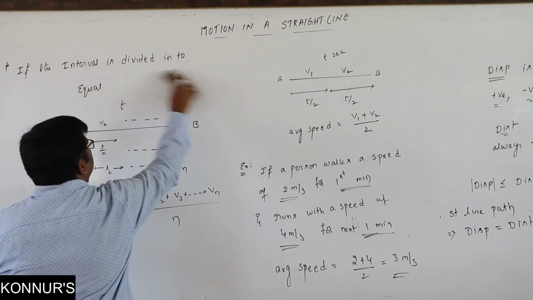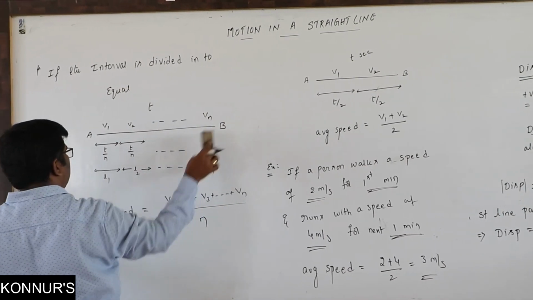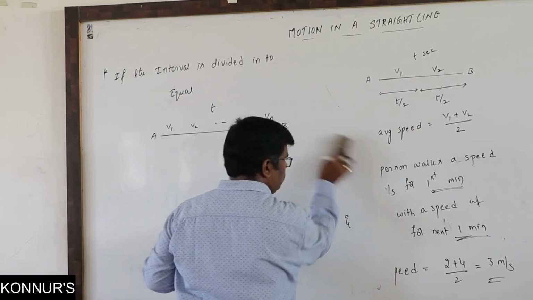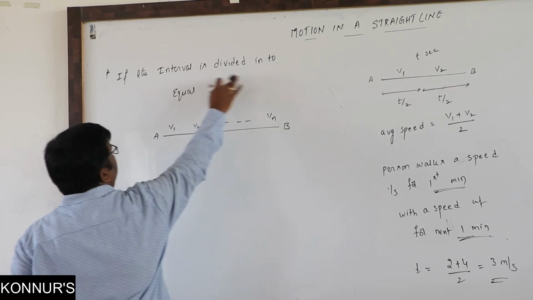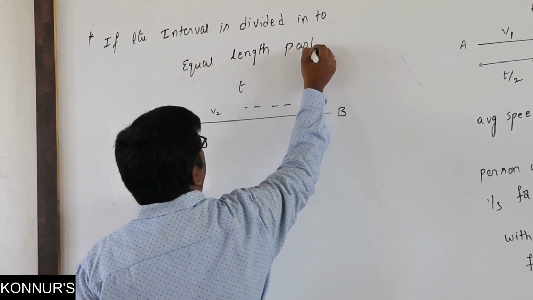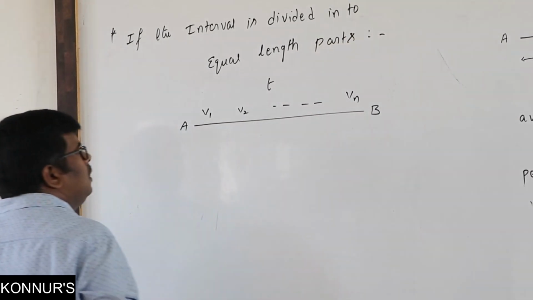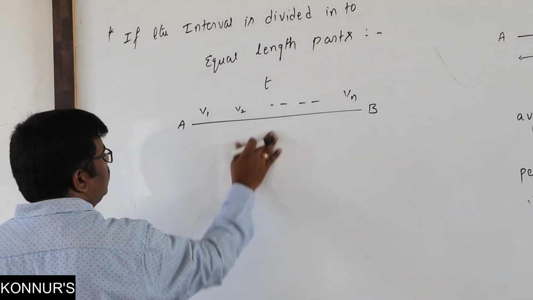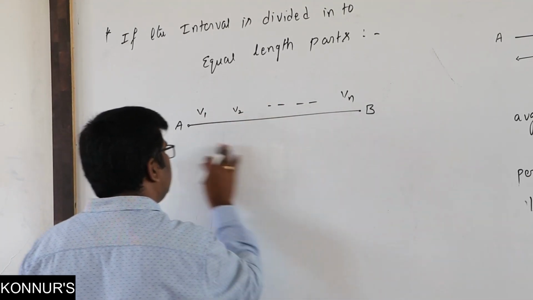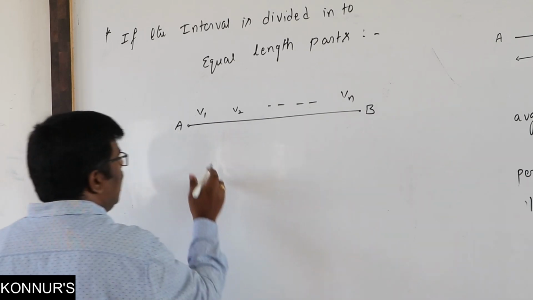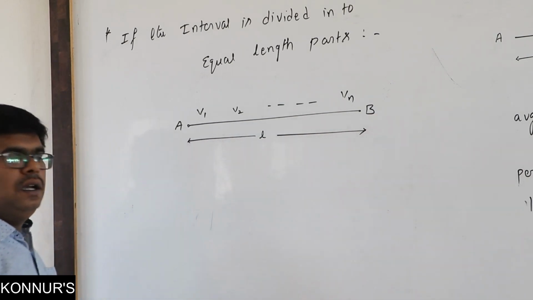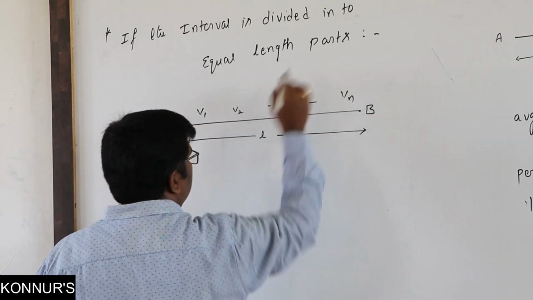Suppose the body is traveling from point A to B, and the total length of the journey is L. Now we are dividing the length into equal parts.